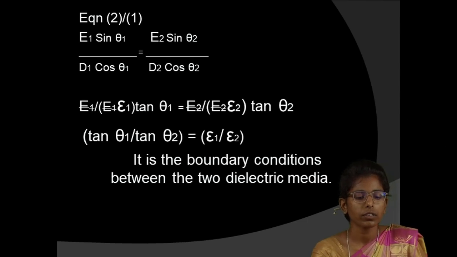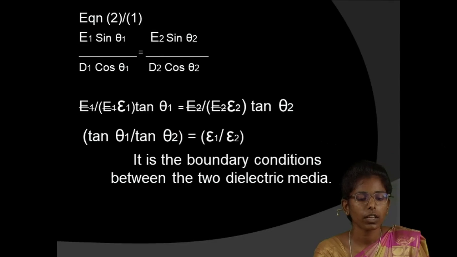I also substitute the displacement vector value. The displacement vector is equal to epsilon times E, so D1 is E1 epsilon 1 and D2 is E2 epsilon 2. The equation becomes E1 divided by E1 epsilon 1 into tan theta 1 equals E2 divided by E2 epsilon 2 into tan theta 2.